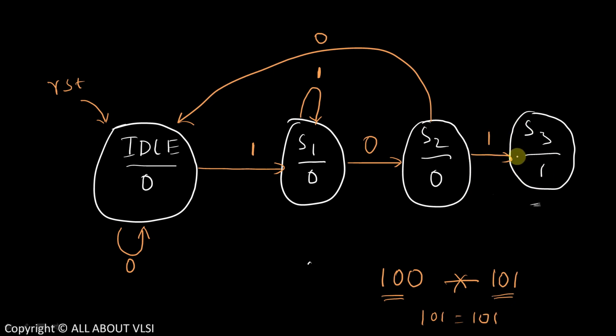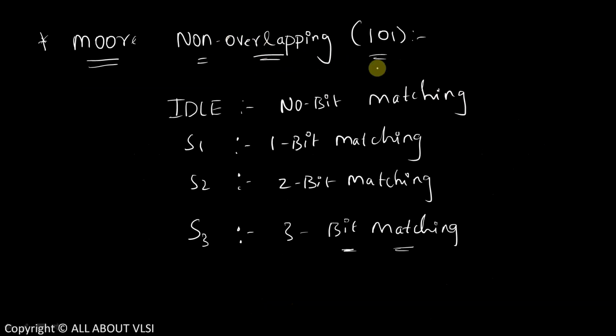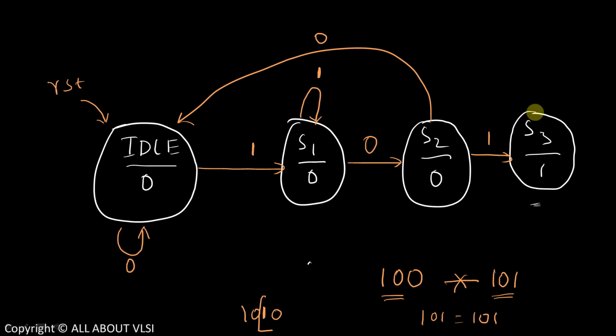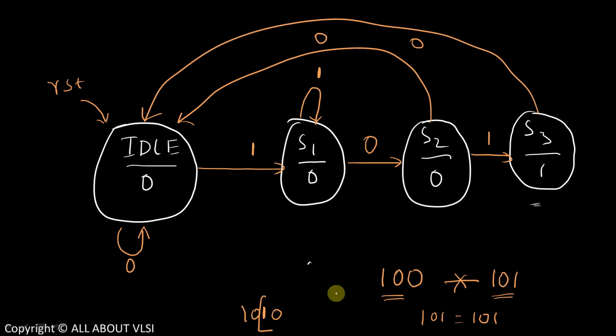Now, if you are in S3 state, you have already got the sequence 101, and if you get one more 0, actually you can reuse this 10 for building the sequence again. But since we are discussing non-overlapping sequence, what we are going to do, if we get one more 0, is simply go to idle state. If we are in S3 state, let's talk about another possibility.